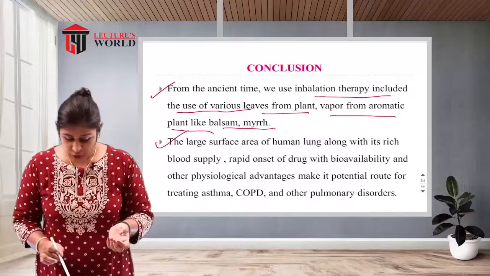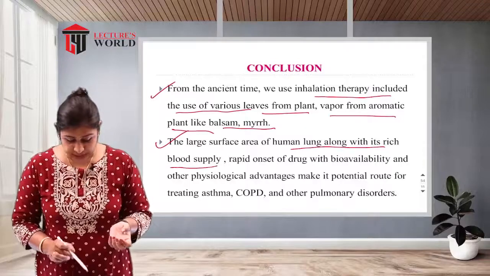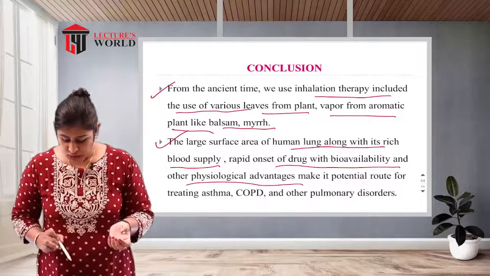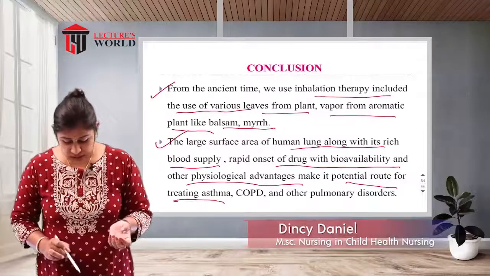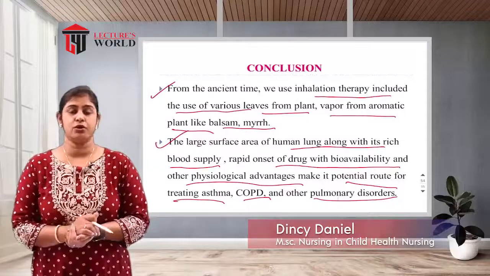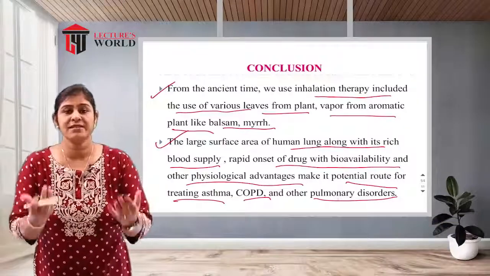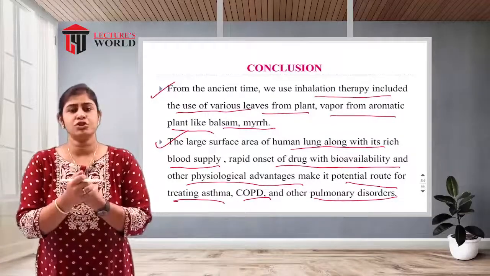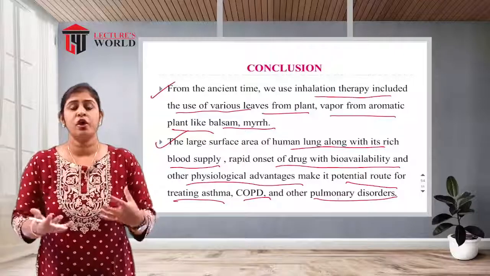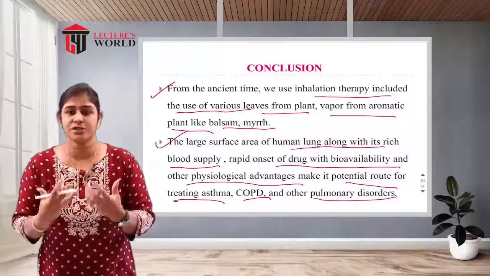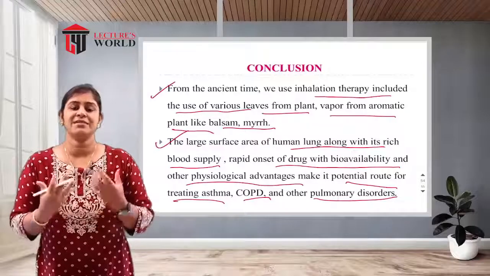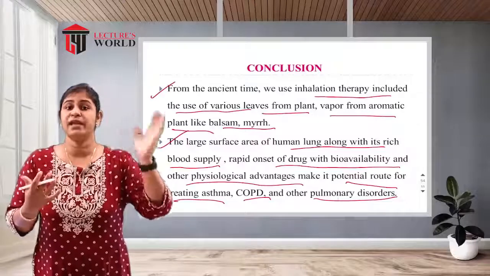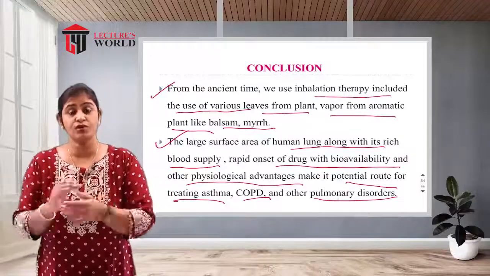The large surface area of the human lung, along with its rich blood supply, rapid onset of drug action, bioavailability and other physiological advantages, make it a potential route for treating asthma, COPD and other pulmonary disorders. So by using nebulization and inhalation, we can treat certain disease conditions and relieve the congestion inside the patient's lungs that causes breathing difficulty. These medications were used in ancient times, and we are still using them now.